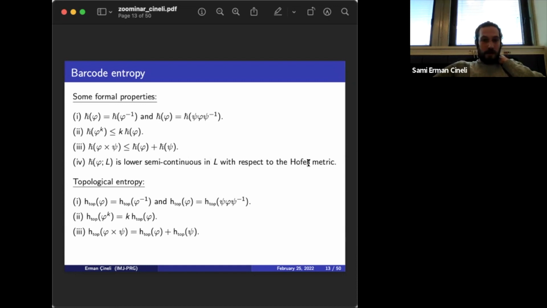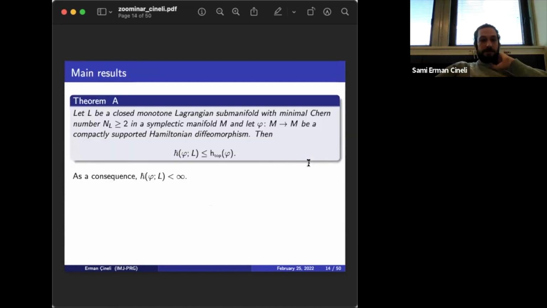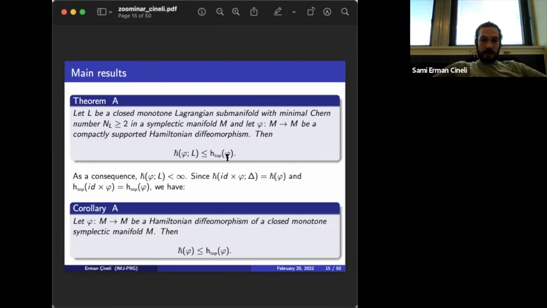All right. Now, main results. Our first result is that the relative barcode entropy is bounded from above by topological entropy. As a result, we get that the barcode entropy is finite because topological entropy is finite for smooth maps. And as a corollary, we get the same inequality for the absolute version.